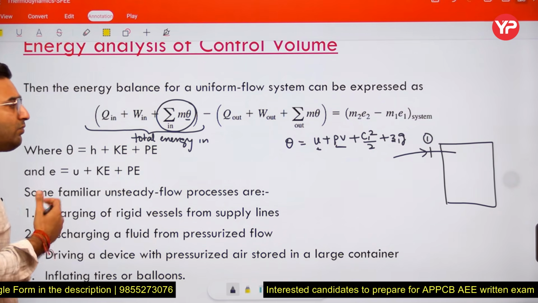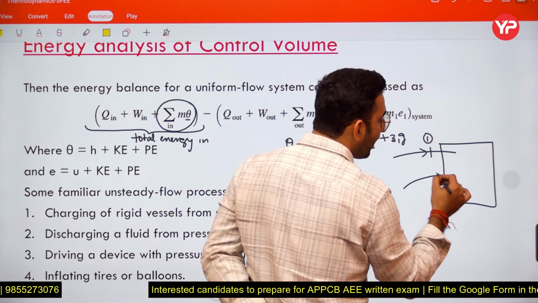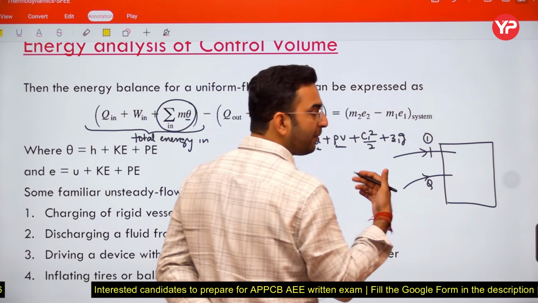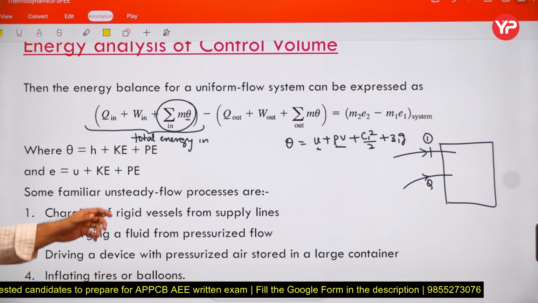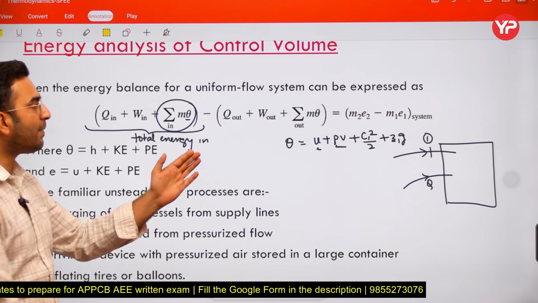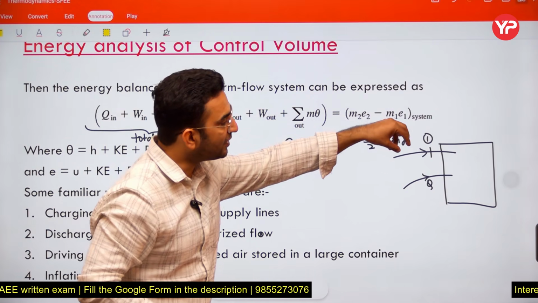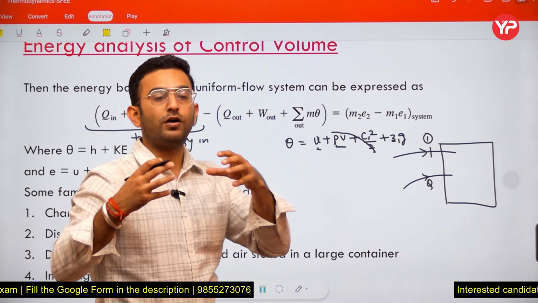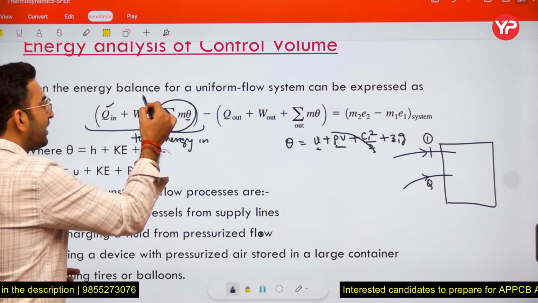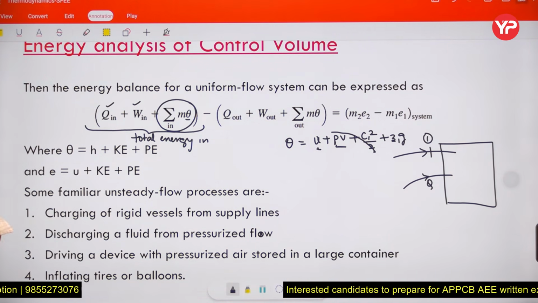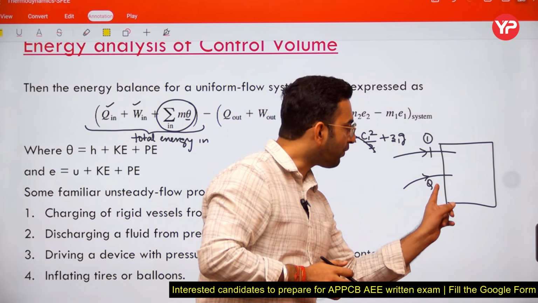Now similarly, there may be a chance that heat may transfer into the system. So that's what we have represented here. The mass multiplied by this total term represents the total amount of energy which enters with the transfer of fluid, and this Q and W are representing the heat transfer and the work transfer which take place at the boundary itself.